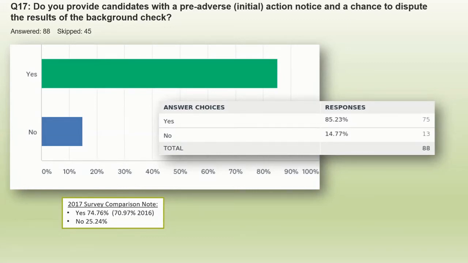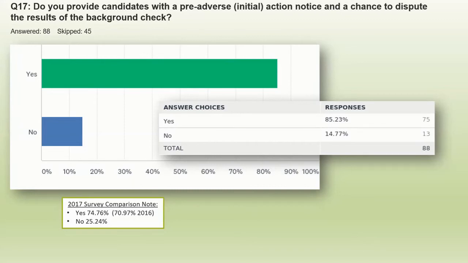But year after year, we've seen this number improve, and now we're hovering at an 85% response rate, which I think is critical for the SILA membership in relation particularly to the employment permissible purpose that we saw several questions ago.